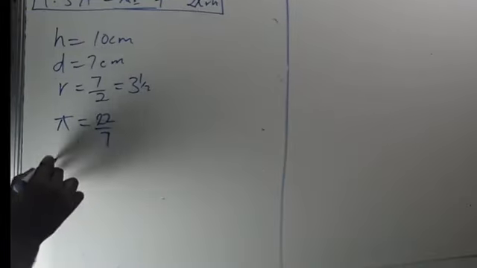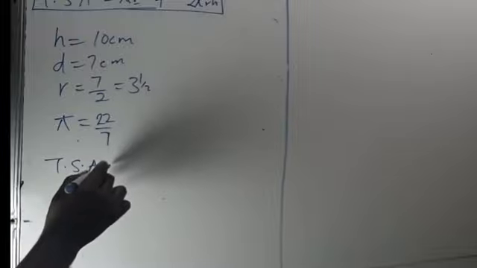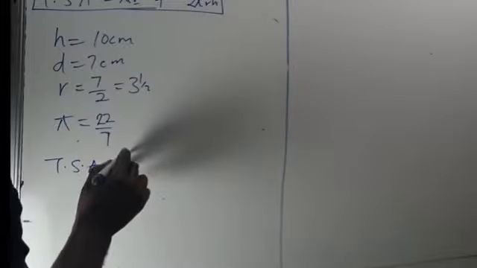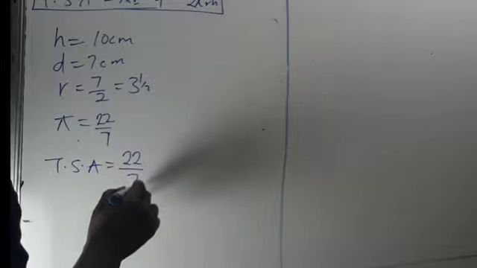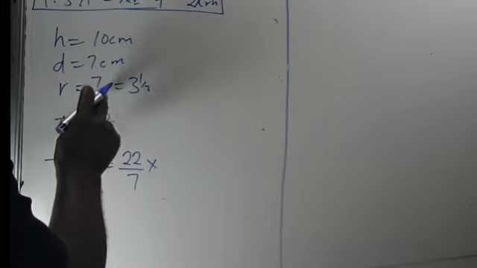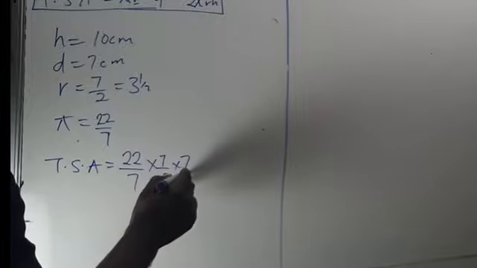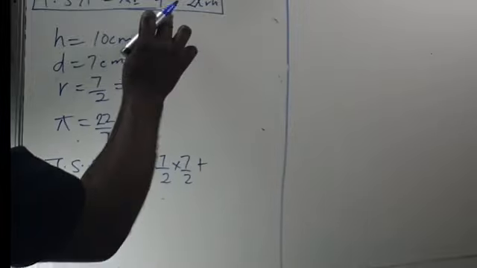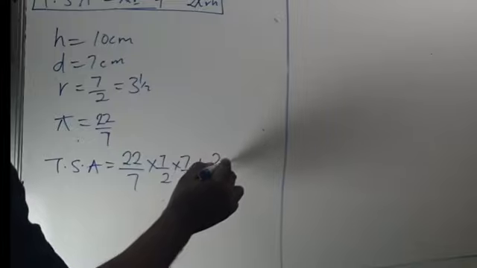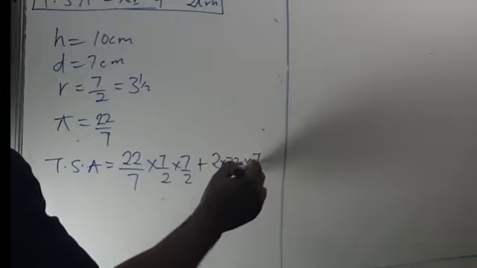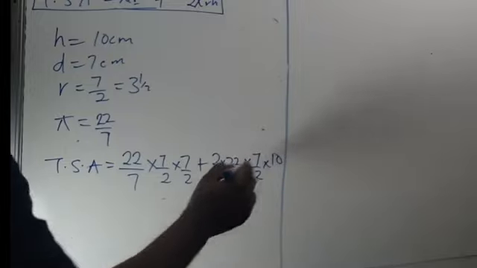So that means total surface area of an open cylinder at one end will be 22 divided by 7 multiplied by radius, which is 7 over 2, times 7 over 2, plus 2 times 22 over 7 times radius 7 over 2 times what? 10.